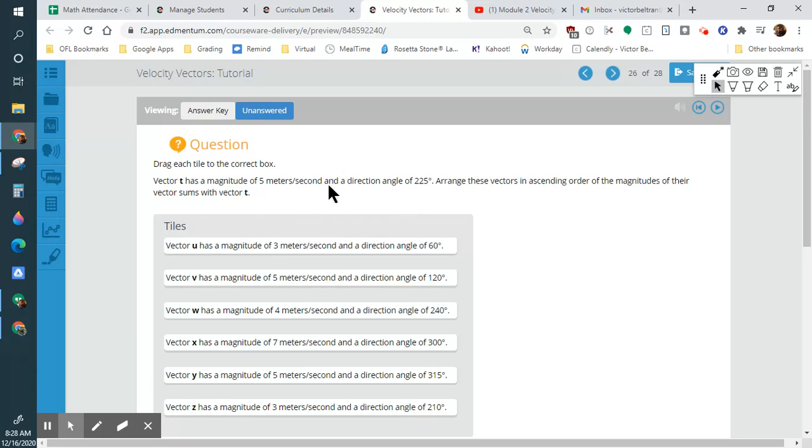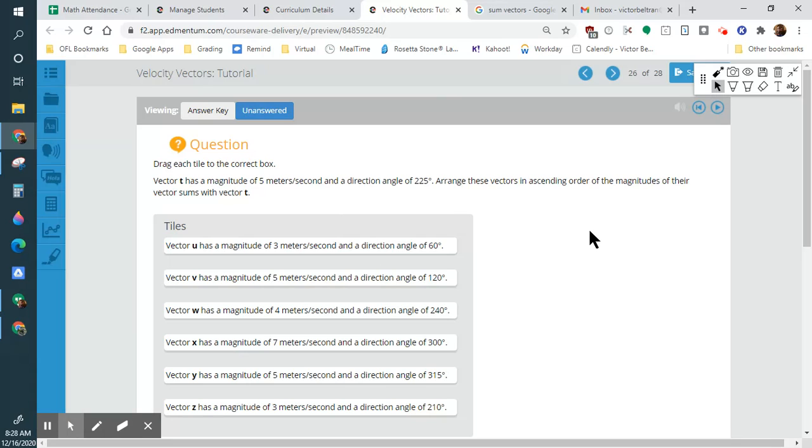Okay, so we need to arrange these vectors in ascending order of the magnitudes of their sum vectors. Sum vectors means we're going to have to add those vectors together and then find the magnitude.